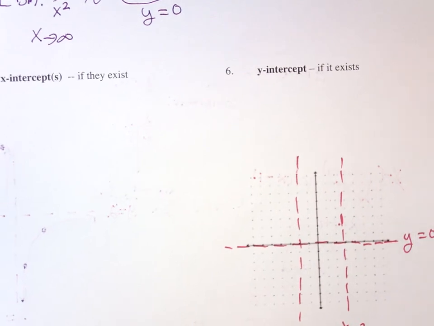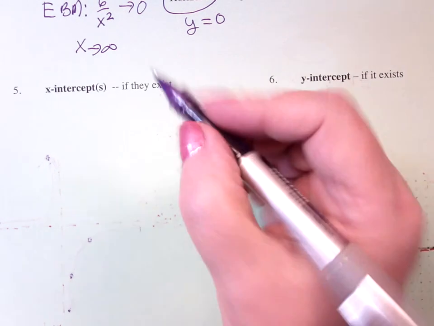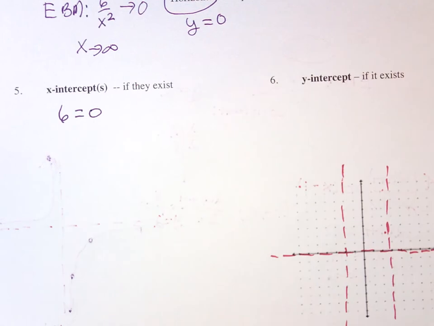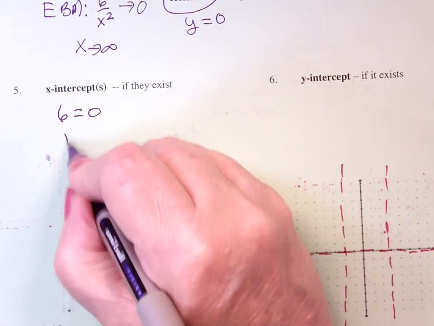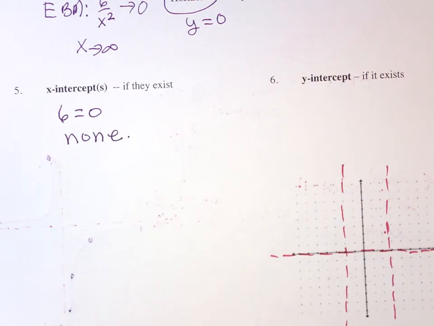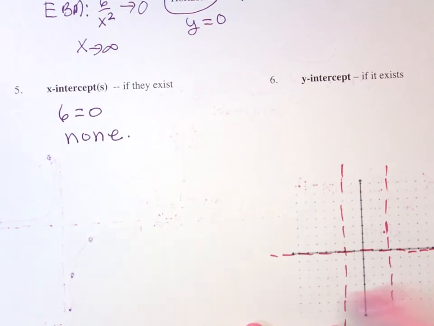So let's go after the x-intercepts and see what information it gives us. The x-intercepts will be where the numerator equals 0. Well, that didn't help. That's none. Which gives me a piece of information right there. And you're going to say, why?